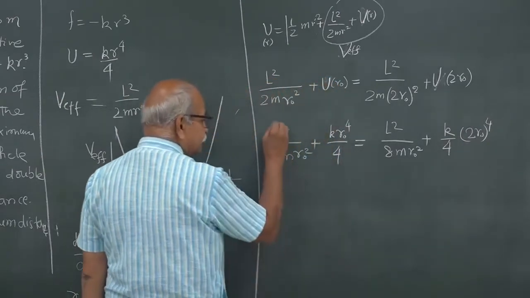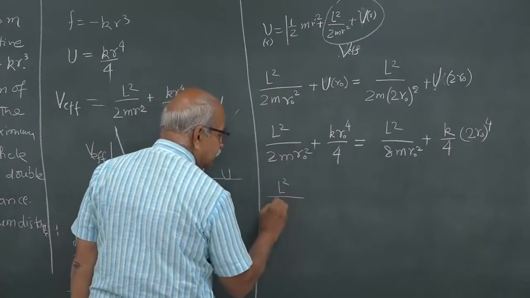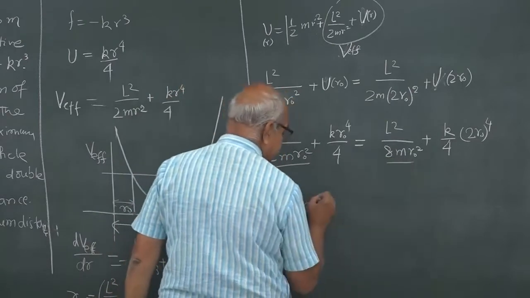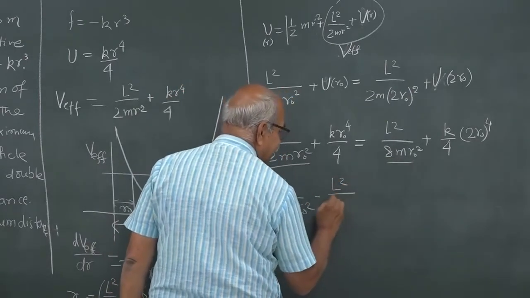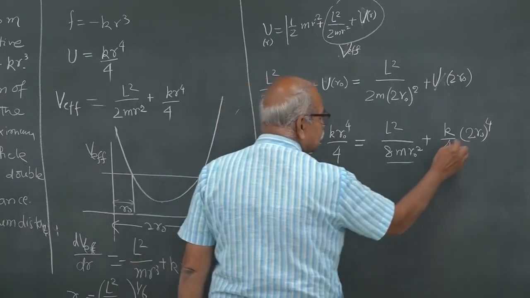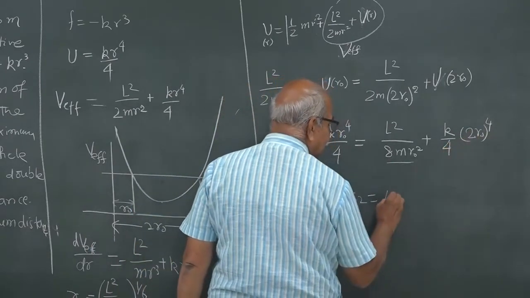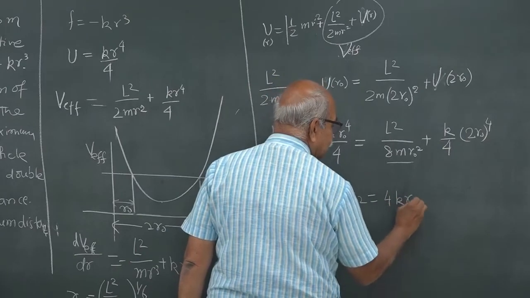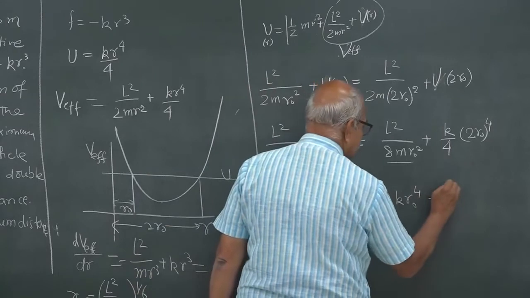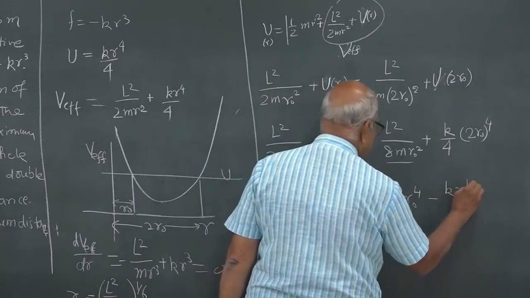So, I have L square by 2 m r naught square minus L square by 8 m r naught square is equal to, 16 by 4 is 4, 4 k r naught to the power 4 minus k r naught to the power 4 by 4.